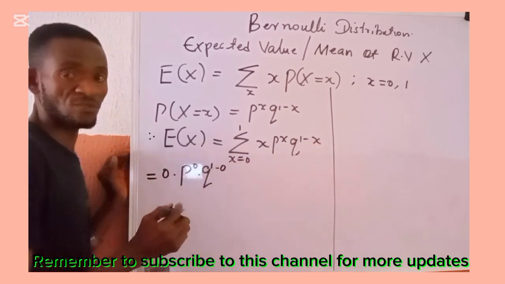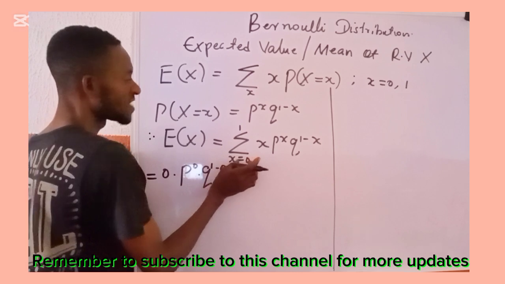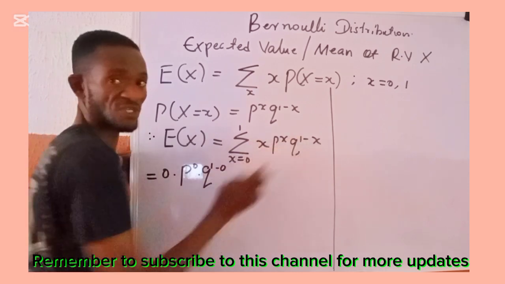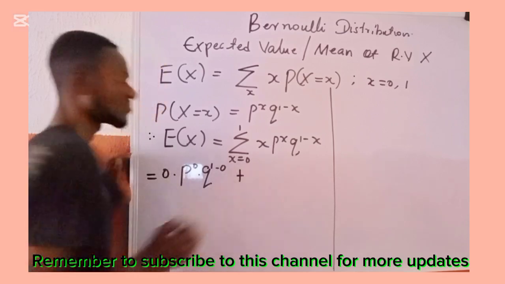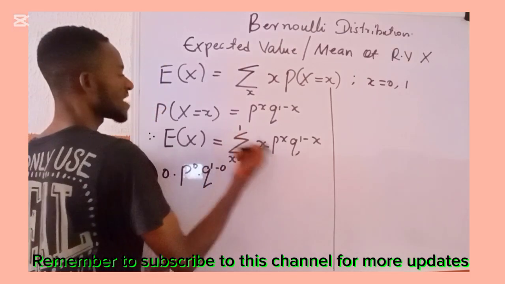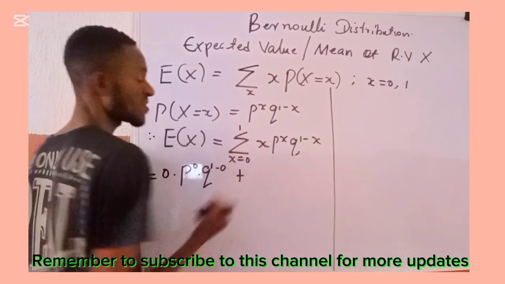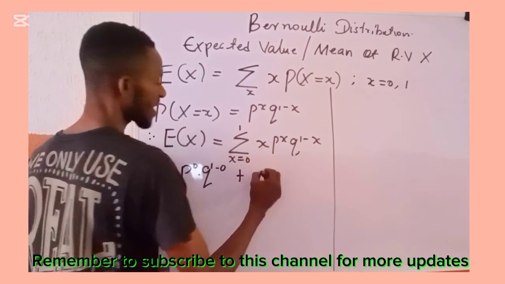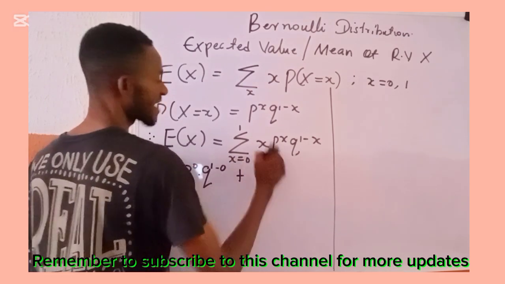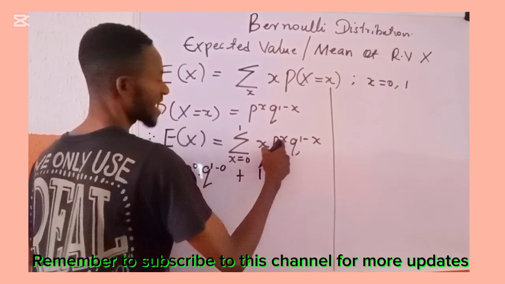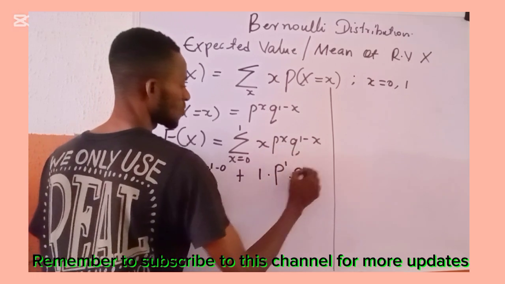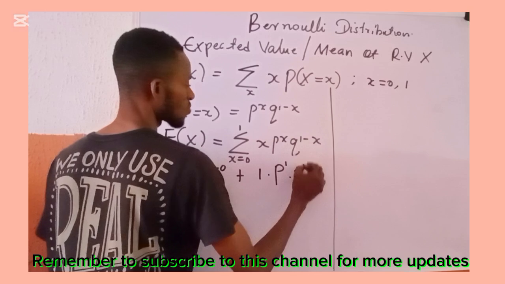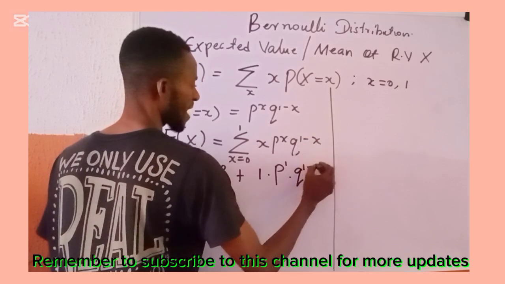I am done substituting the value 0 anywhere in this expression where x appeared. So I will now say plus. I am going to do the same thing when x becomes 1. In place of this x now, I write 1 multiplied by p raised to the power 1, multiplied by q raised to the power 1 minus x, where x is already 1, so 1 minus 1.